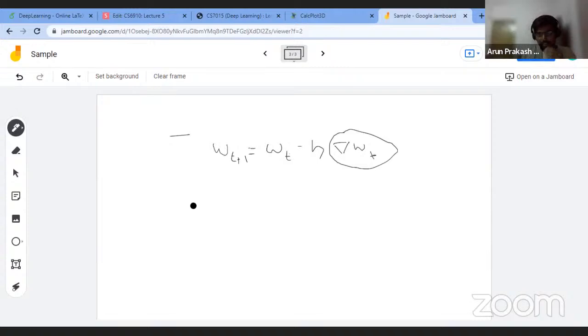Okay. So if I understood correctly, what you are saying is that for this current W, since we are using the sigmoid function, we end up using this formula sigma x into 1 minus sigma x, right? Did you use this formula to compute the gradient?